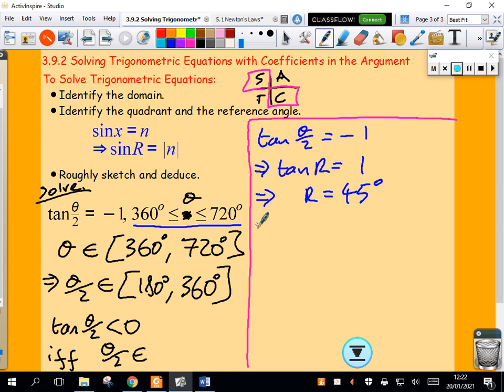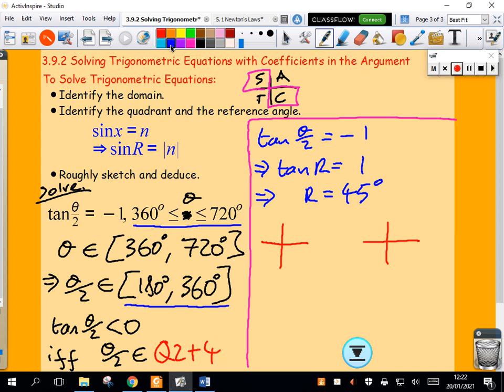Okay, so what are we looking for? We're looking for angles between 180 and 360 with a reference angle of 45 degrees. So I'm going to sketch. Tan is negative in quadrants 2 and 4.